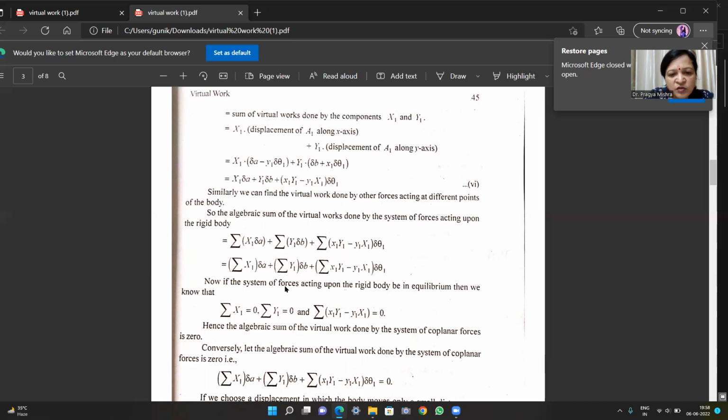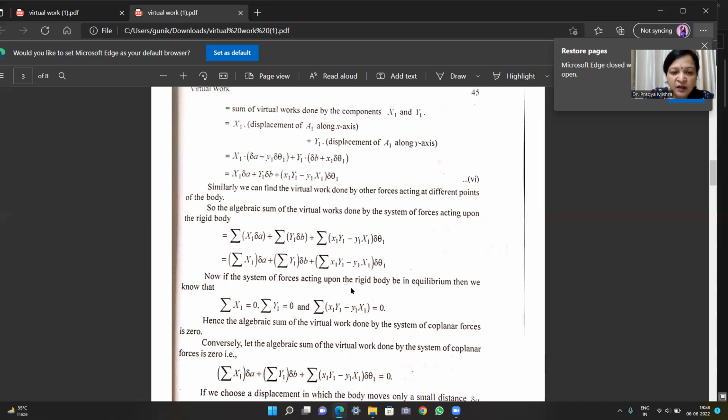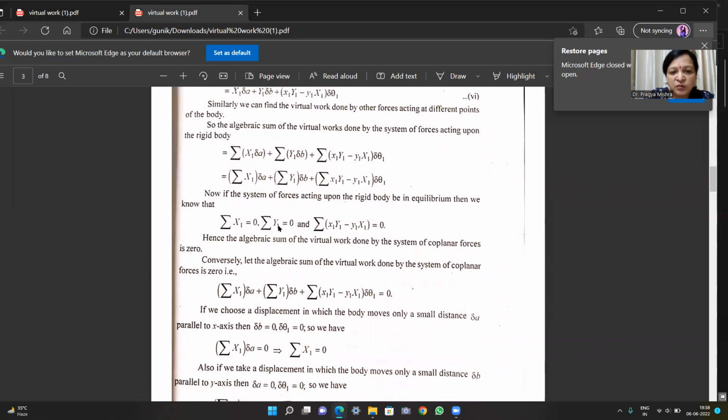Now, if the system of forces acting upon the rigid body is in equilibrium, it means the resultant of all forces will be 0. So in that case, we have sigma X1 equal to 0, sigma Y1 equal to 0, and sigma (x1 Y1 minus y1 X1) equal to 0.